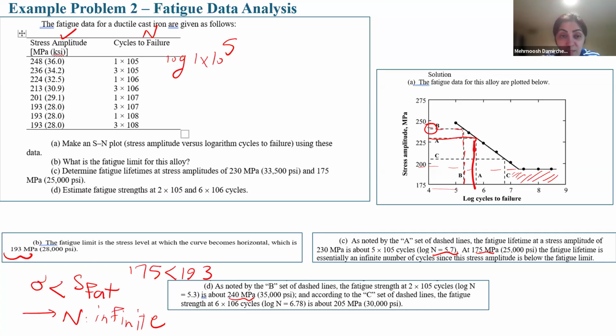The next point, 6 times 10 to the 6, means N is 6 times 10 to the 6. But what is log of N? Log of N should be 6.78. 6.78 means this point. Go to the curve and read the stress related to that, and this stress is 205 megapascals.